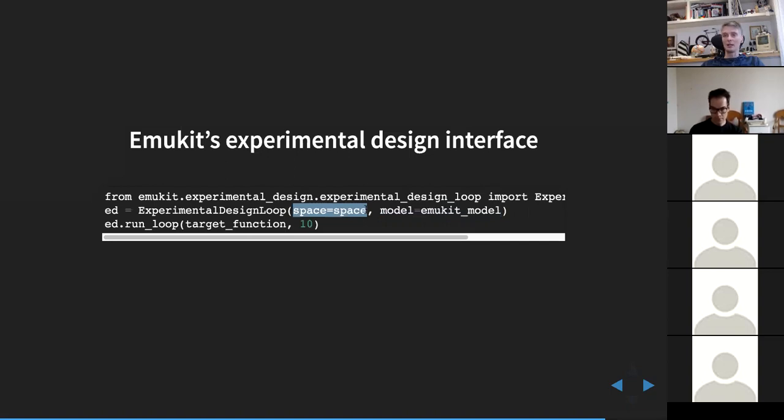You'll see that there's an object class for defining the space, a continuous parameter space. And then we're creating an experimental design loop, which here is being called ED. And then we're doing run loop on this target function. So all these things don't need the target function, but the loop needs the target function.